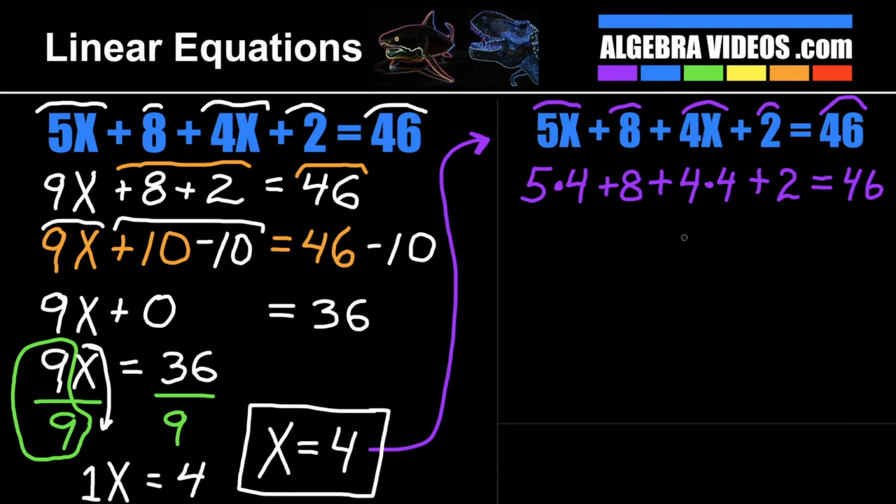So now let's just simplify this a little bit more and see if the two sides are equal. So the first thing is this 5 times 4. We know that's 20, right? 5 times 4 is 20. Plus, and then I'm just going to rewrite this 8.